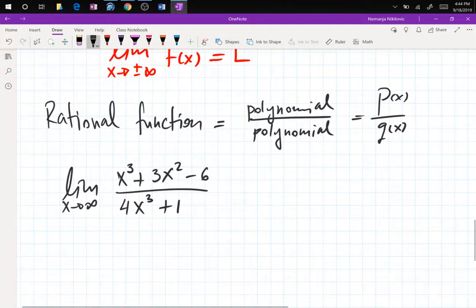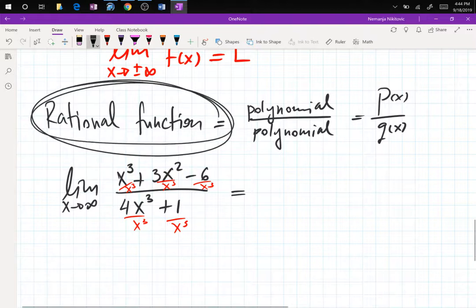So we have 5 terms, right? 3 on top and 2 on the bottom. So divide every single one of these by x cubed, and then work out the algebra. Now, if you want to write that as a sentence, as a rule for rational functions, go ahead, because that's the only thing we are using.